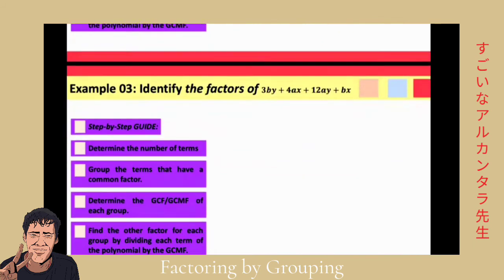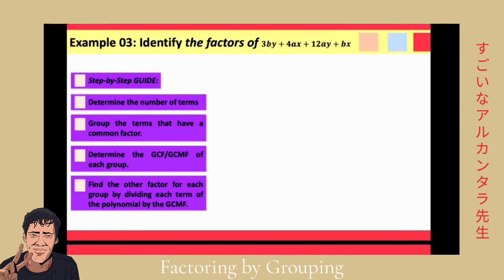Well, for the third example, we have 3by plus 4ax plus 12ay plus bx. The dilemma here is that you have to move your terms, rearrange them in order for you to really show the grouping properly. So what I will do here is I will rearrange it in such a way that you can have those terms that have a common factor next to each other without changing the expression.